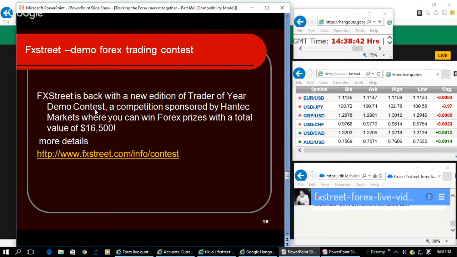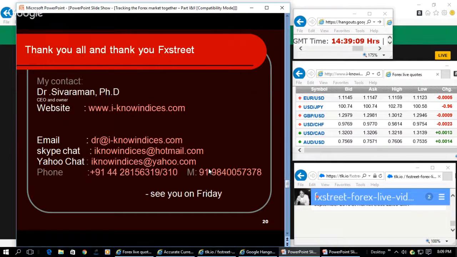If you are not well versed with trading, if you are not consistently making profit in a live trading account, then it is a must for you to practice in a demo trading account and see that you do flawless trades, and then later on you can come to live trading. So I suggest that you make use of this opportunity and try to enter the contest.